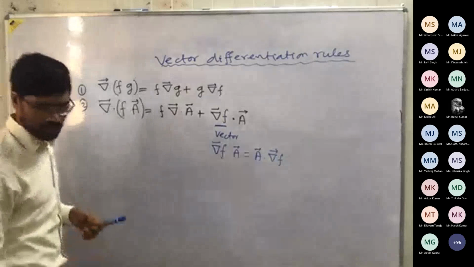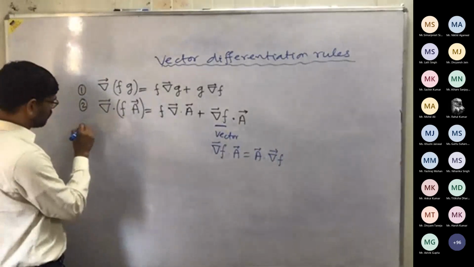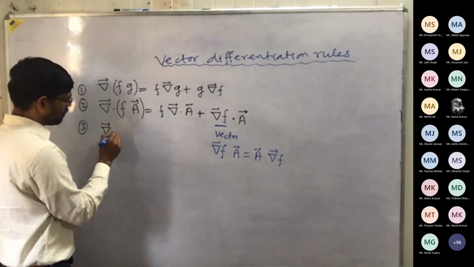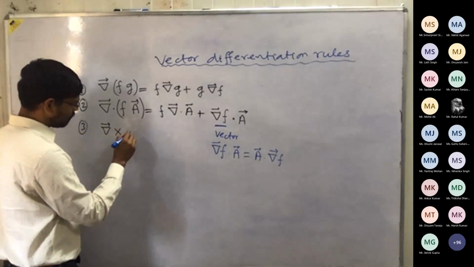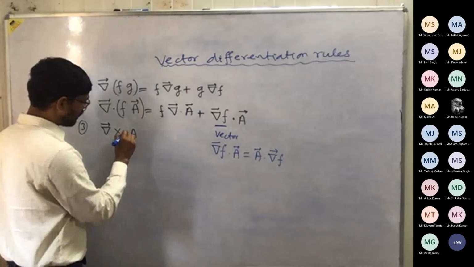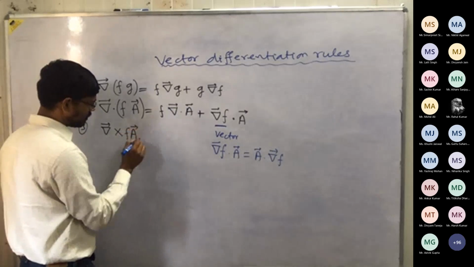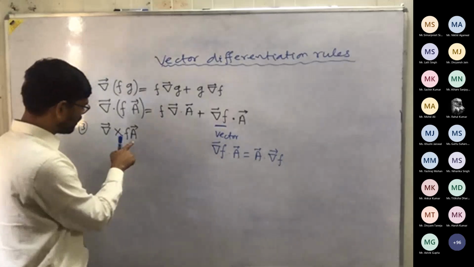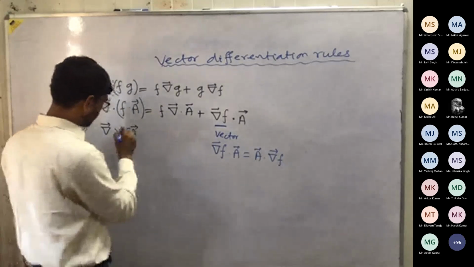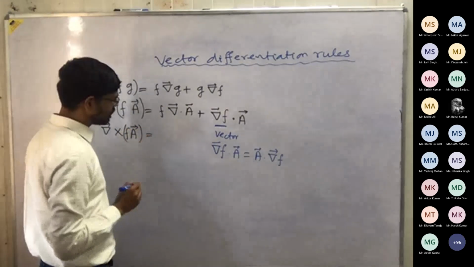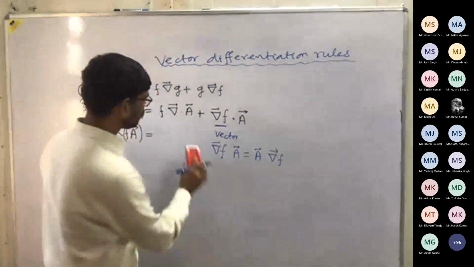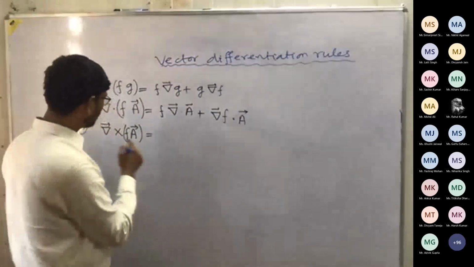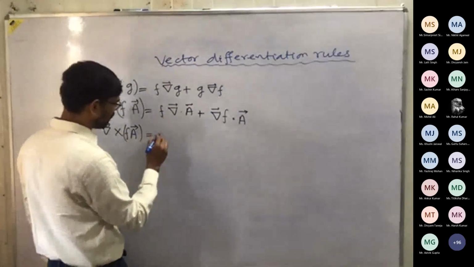Similarly, you can have another operation, number 3, with curl. So curl we take with A, but we can have again a scalar function f that is being multiplied with A. This is equal to again the same thing.